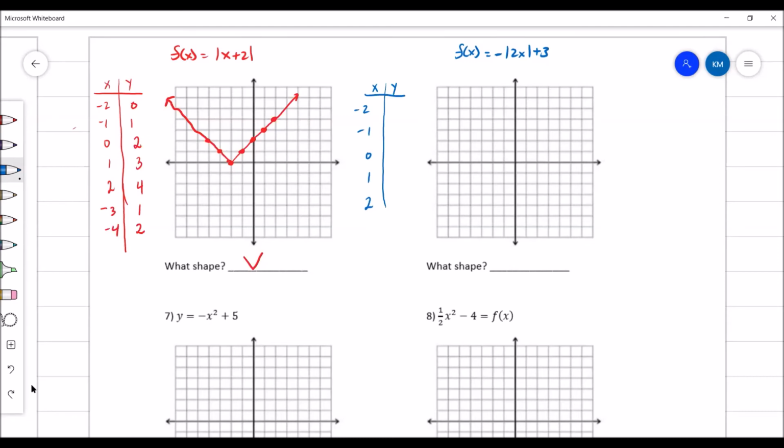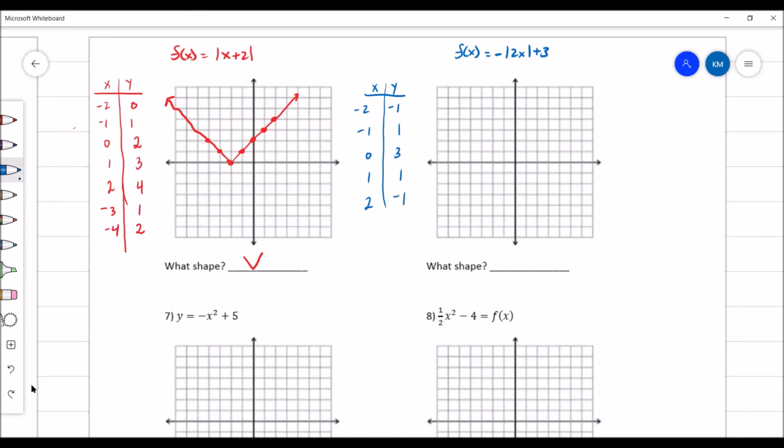So 2 times -2 is -4. This should be positive, but the negative makes it -4 plus 3, which will give us -1. Then -2 plus 3 is 1. 0 plus 3 is 3. 1 gives 2. -2 plus 3 is 1. And then this will be -4 plus 3, which would be -1.